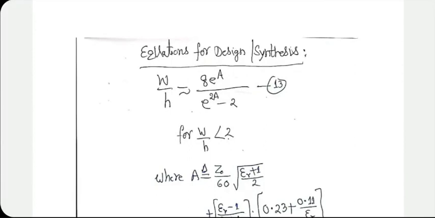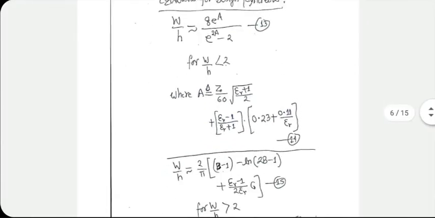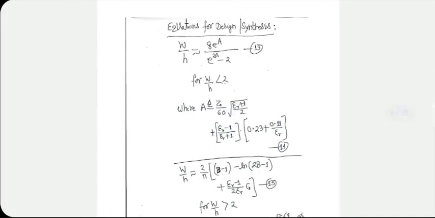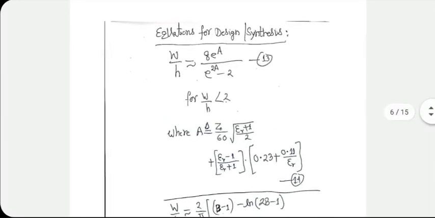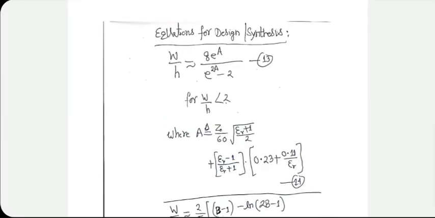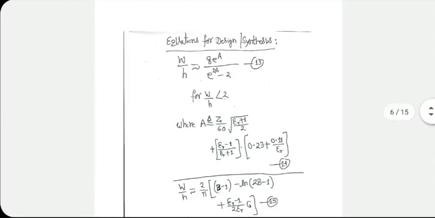For that, two different sets of equations are given depending on whether W by H is greater than 2 or less than 2. Now catch 22 here is that you don't know whether W by H is going to be less than 2 or greater than 2 because W is an unknown. So to begin with, which equation to use is an open question.